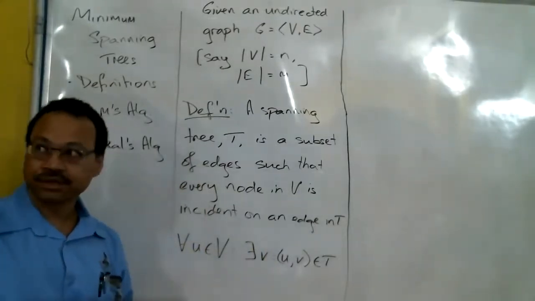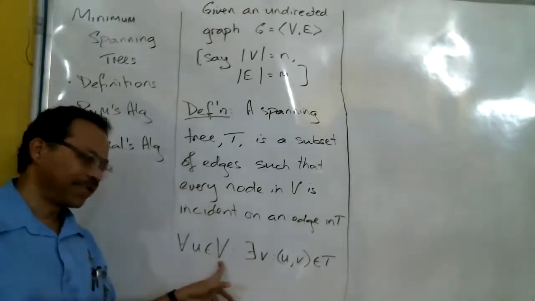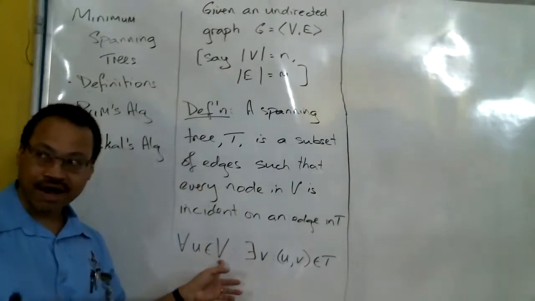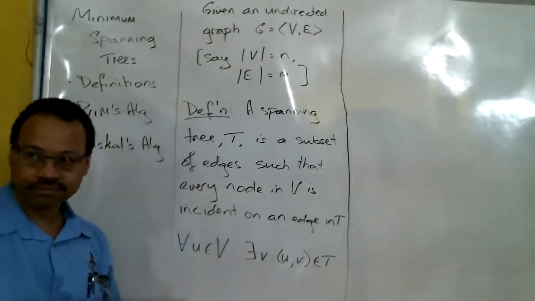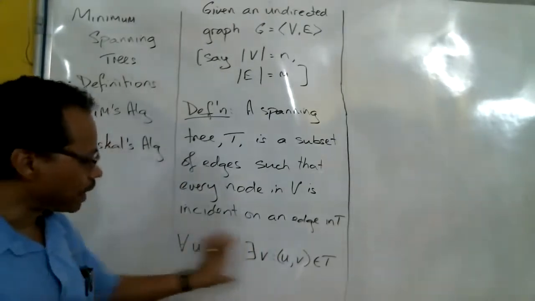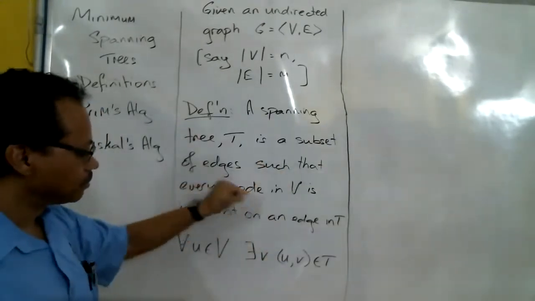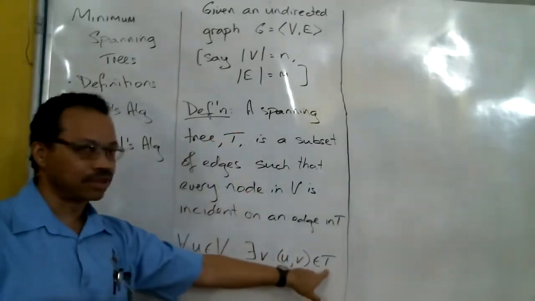So uv and vu is the same edge. And all this says is, pick any node in the whole graph, there will be an edge in the tree that touches it. Okay, that makes sense? So that one line is what all of this was trying to say. Well, except the spanning part, because this doesn't say what T is.